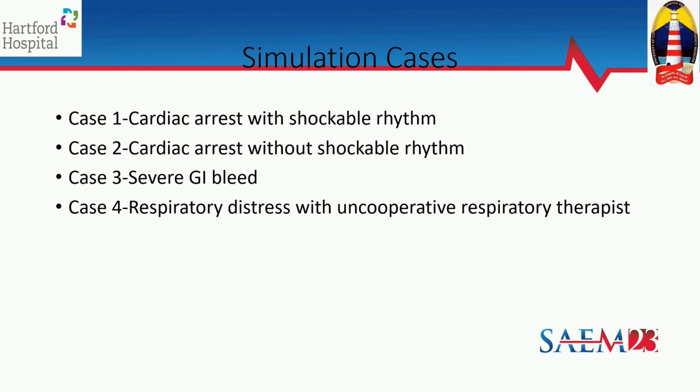This allowed 4 different kinds of leadership scenarios where it would be significantly important for the resident to be able to command that room while still delivering the critical care topics they should be getting used to at this point. And as a reminder, this day was for the second years. We usually give this day sometime in the late fall, early winter, when they've settled into being second years and are starting to be relied upon to run things a little bit more.